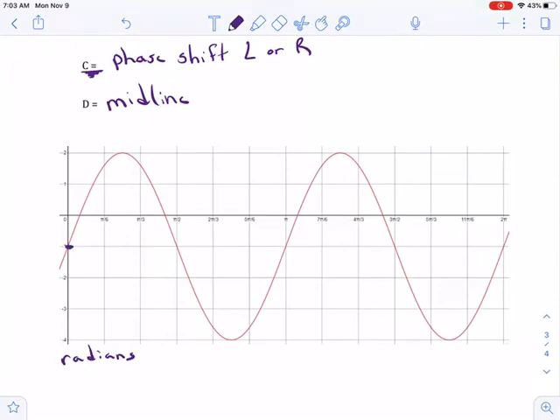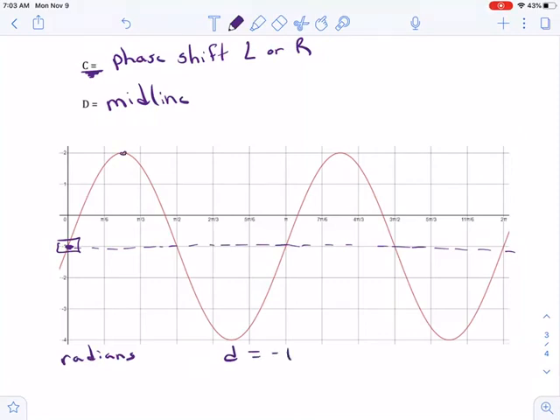I can see that I have a midline at -1, and I know it's a sine graph just because I'm starting at that midline here. So that's my midline, my D value, so D is going to be -1.